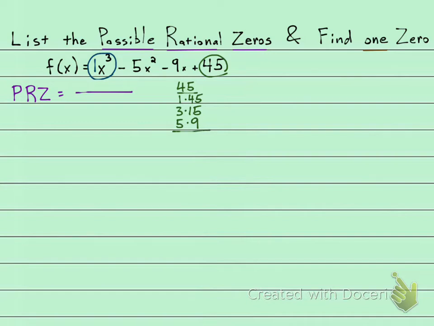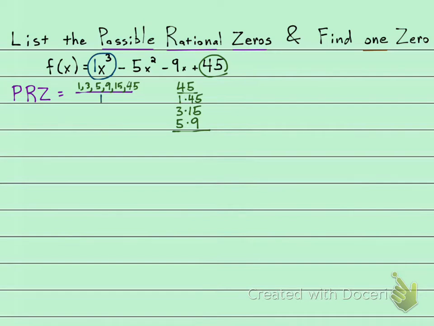Back to 9. And here's my list. All right, so I have 1, 3, 5, 9, 15, and 45. All over, the factors of 1 are just 1.